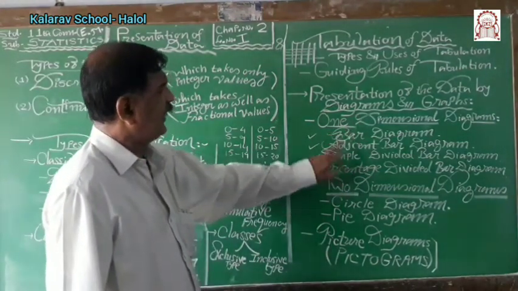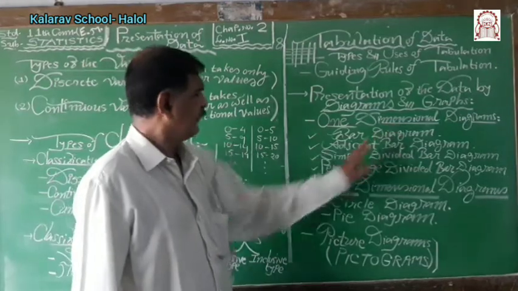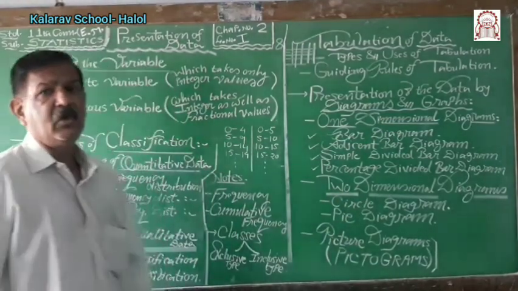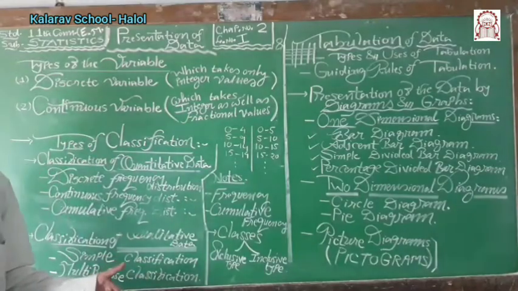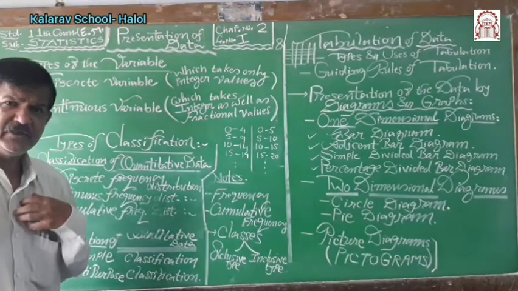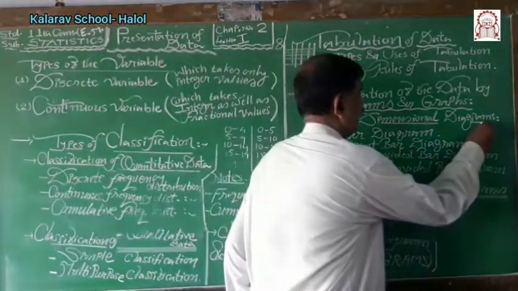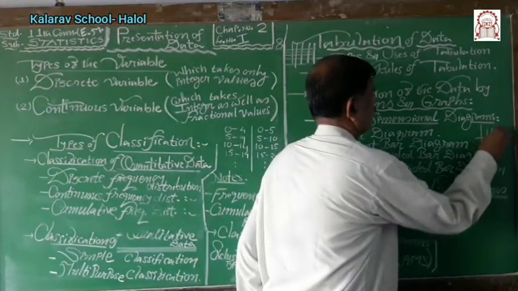Diagram, types of diagrams: one dimensional, two dimensional, and picture diagram. What are the one dimensional diagrams? We have studied in standard 9 and 10 the bar diagram. You can understand the bar diagram: x-axis, y-axis.